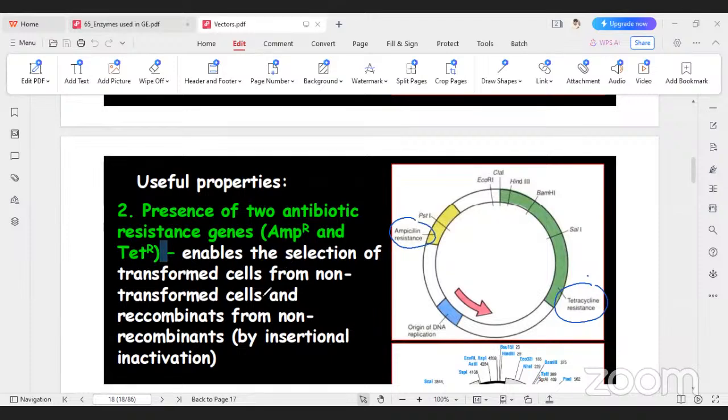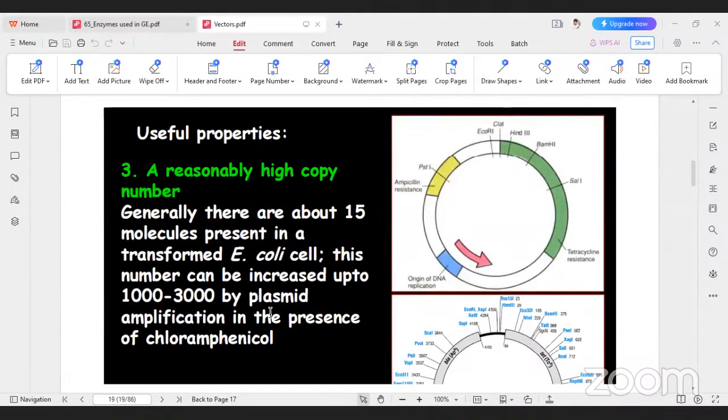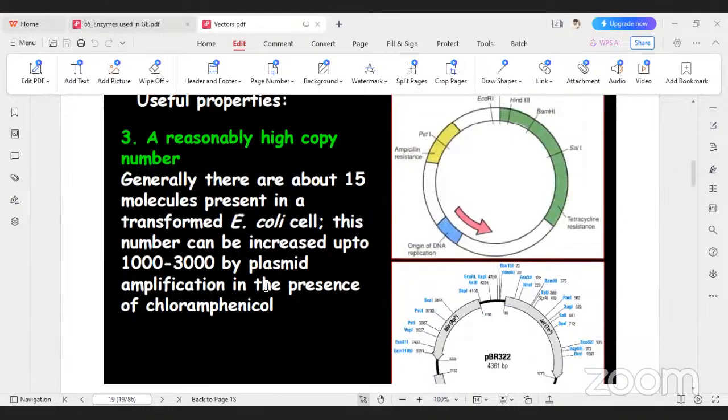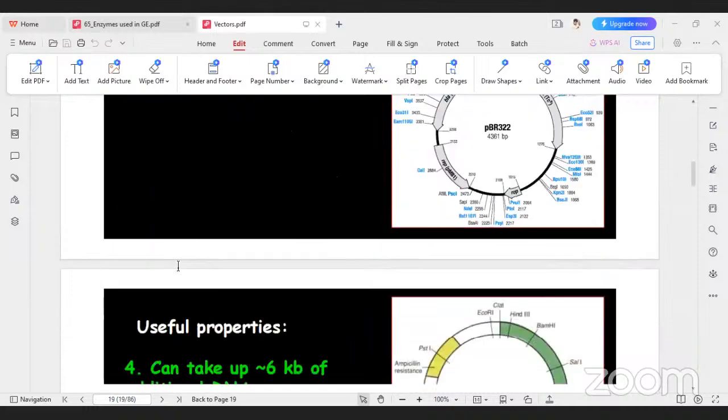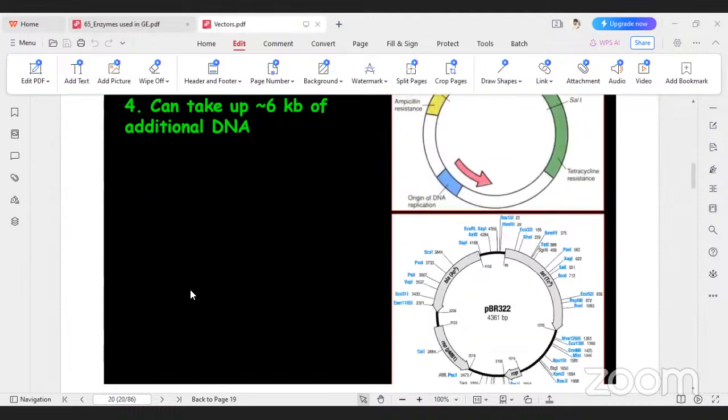They enable the selection of transformed cells from non-transformed cells, and recombinant from non-recombinant cells. Another useful property is a reasonably high copy number. Within a few minutes, they can develop 2,000 to 3,000 plasmid copies. It can also take up 2 kb of additional DNA.